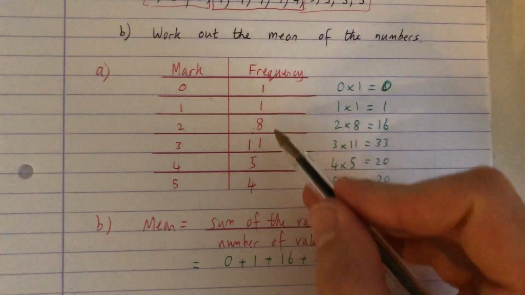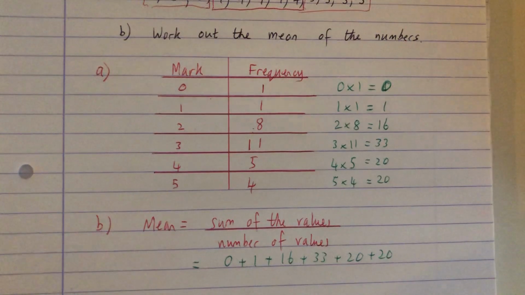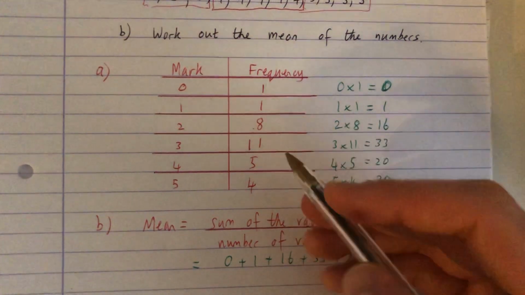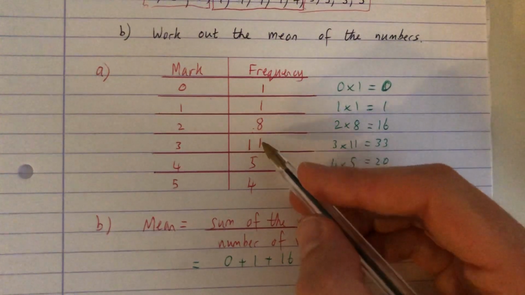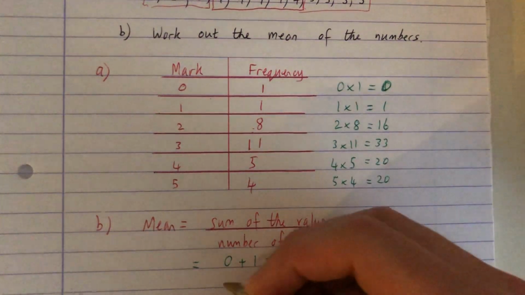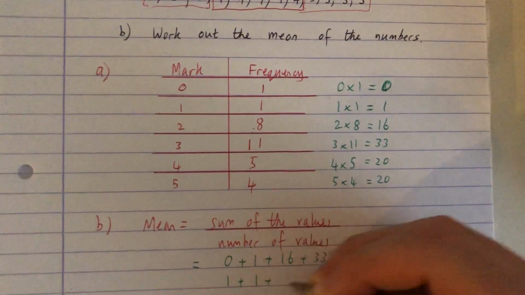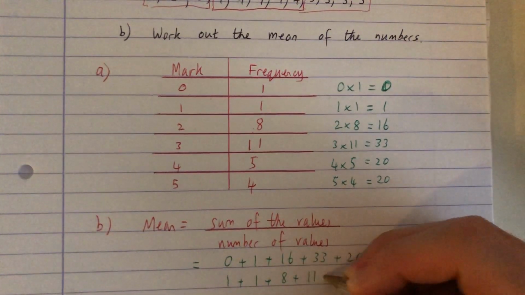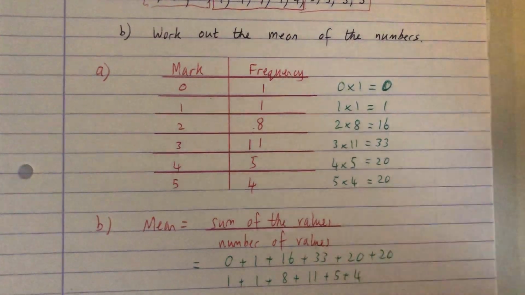So if I added up all these people, remember frequency is counting how many, but they are the individual people. 1 plus 1 plus 8 plus 11 plus 5 plus 4.